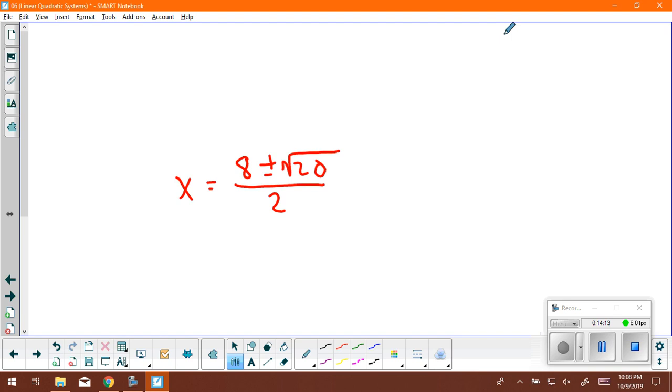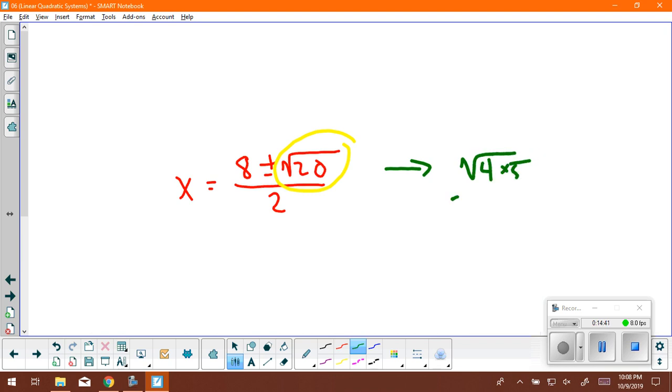And you check in the back of the book, and it says something different. I'm going to show you how you can tidy this up a little bit. It's going back to the radical stuff. I can simplify the root 20 using the rules that we had from radicals. So on the side here, that is really 4 times 5.